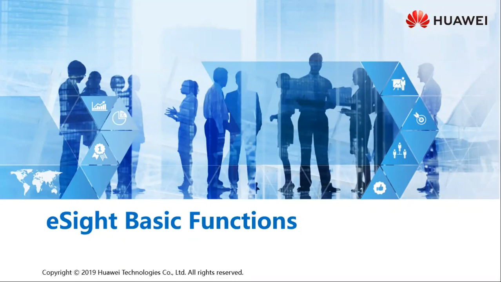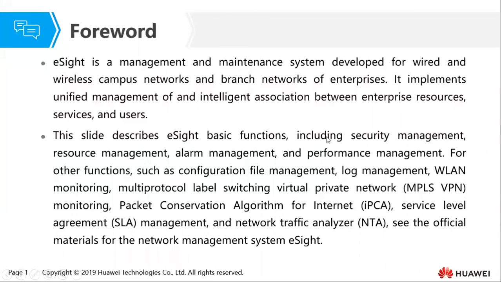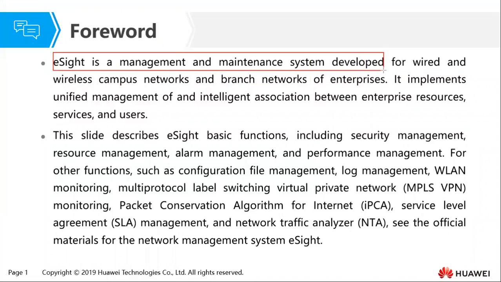We want to look at this topic where we are going to learn about the basic functions of eSight. eSight, as we've seen, is a management and maintenance system developed for both wired and wireless campus networks and also branch networks for enterprises.